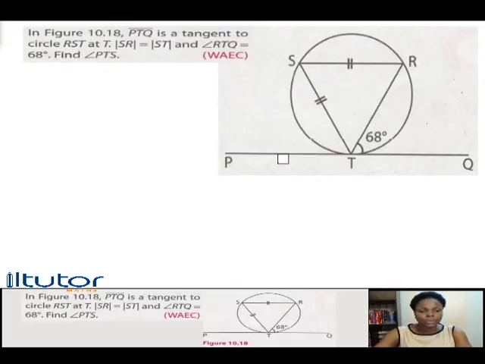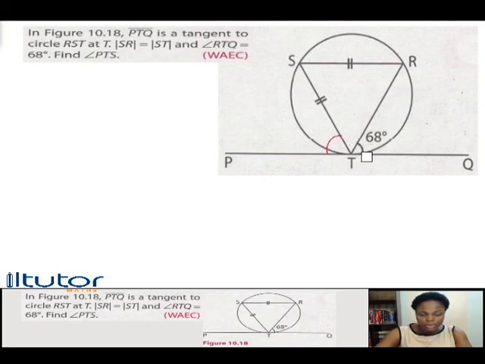Okay, so we've been told to find angle PTS. It's this angle right here. Angle PTS, that's this angle between this chord ST and this tangent. Now looking at this tangent, two angles are found.